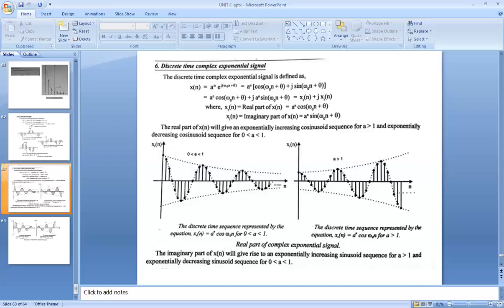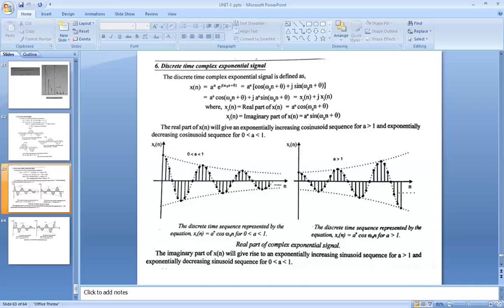Now here you can find two graphs. In these two graphs, two cases are shown: when a is greater than 1 and when a lies between 0 to 1. Okay, so here this graph is shown for the real part of the complex exponential signal.